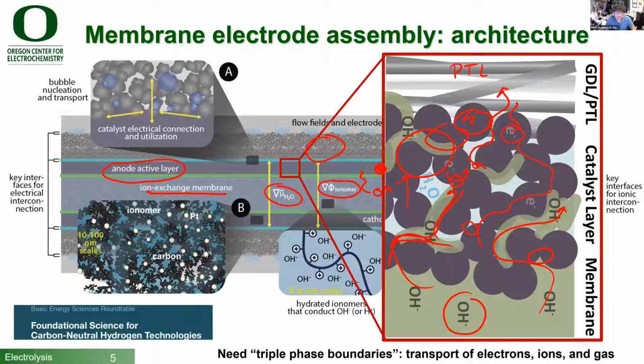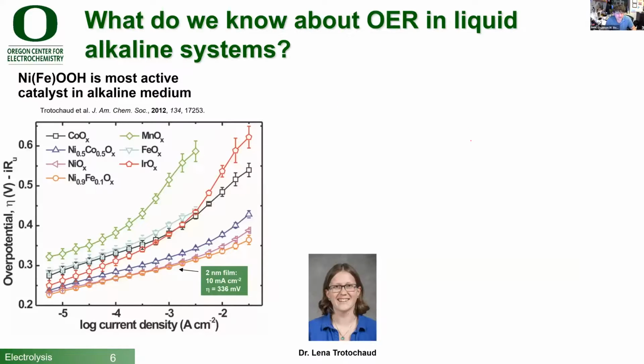So if we could understand and design these 3-dimensional reaction zones in electrolyzers, we could make hydrogen technology much better. And we could also use these electrolyzer platforms for many other chemical transformations. So I'll start by telling you a little bit about what we know about the oxygen evolution reaction in liquid alkaline systems. This is historically where this electrocatalysis process has been studied.